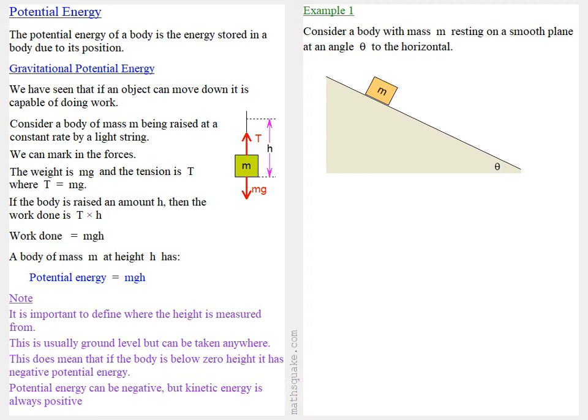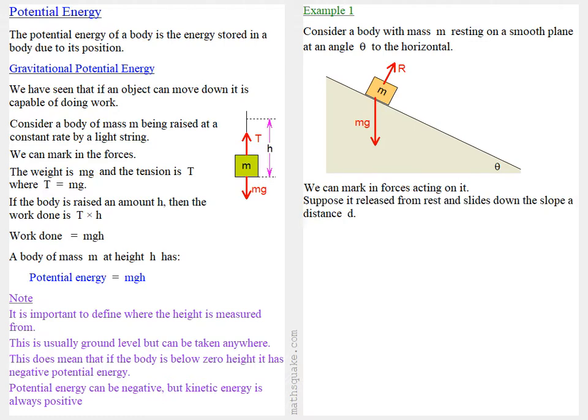Let's look at an example. Consider a body of mass m resting on a smooth plane which is at an angle of theta to the horizontal. We can mark in the forces acting on it. There's gravity acting vertically down, and that's mg, and there's the normal reaction R, which is perpendicular to the plane. Now, suppose it's released from rest and slides down the slope a distance d.